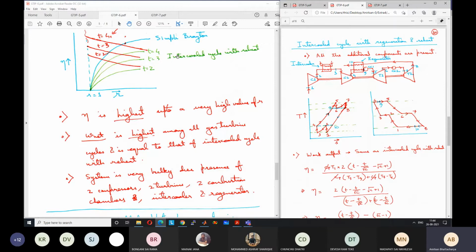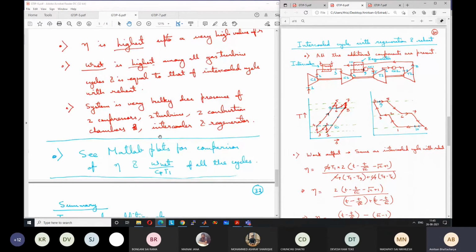We just use a modified form of the simple Brayton cycle. But for land-based gas turbines, also known as industrial gas turbines, this type of modification can be suitable if you want to generate a large amount of power, because the running cost will be lower because of higher efficiency. So in the long run, you can have benefits.